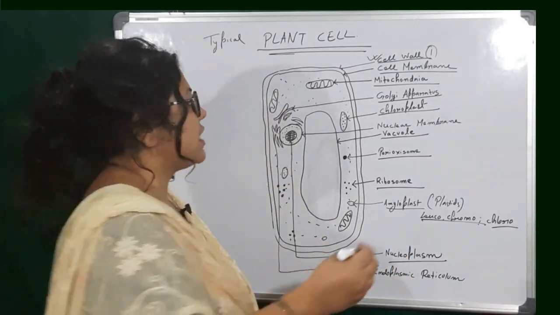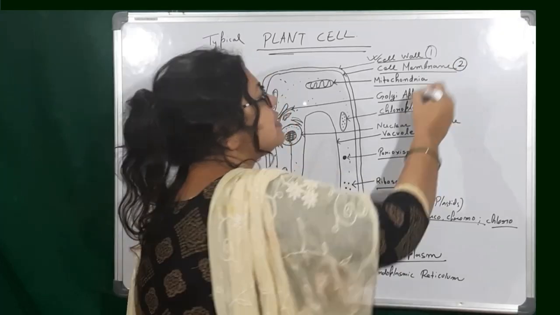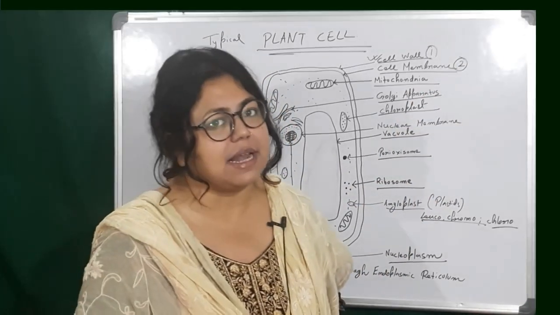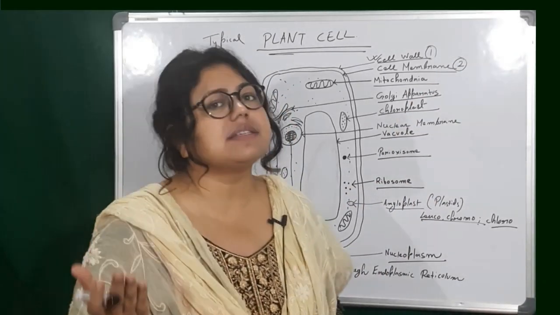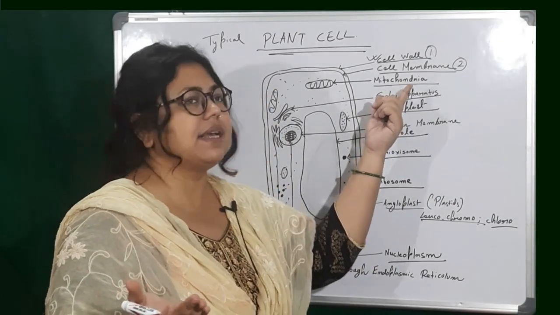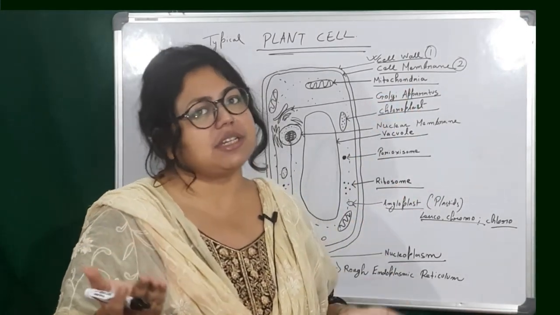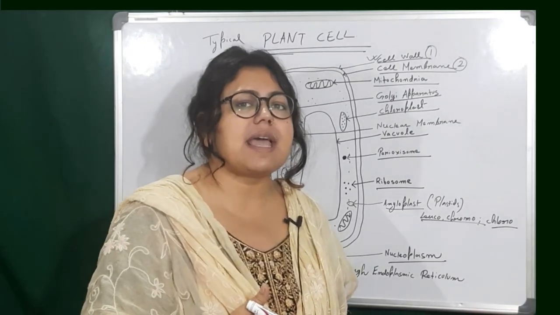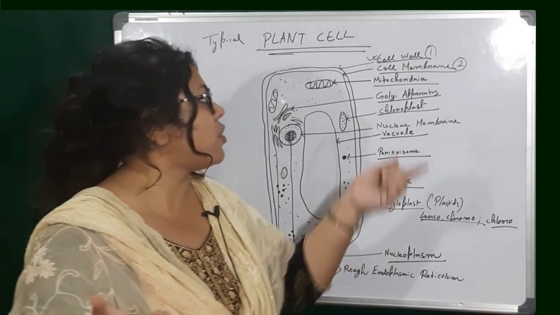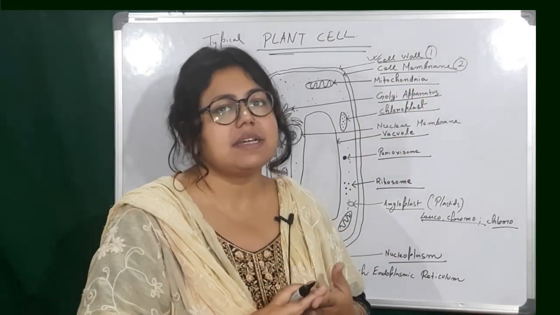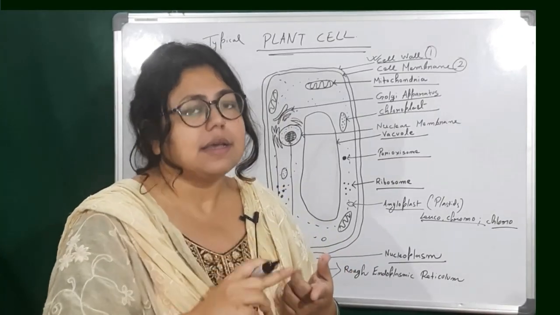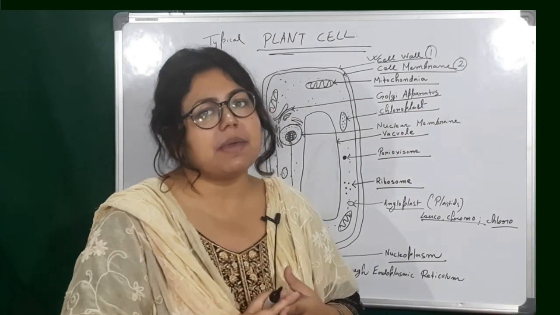Next we come to the cell membrane. This is the same as in the animal cell. In the animal cell also you get a cell membrane, here also you get a cell membrane. The function is the same. So what was this function? To provide the strength, rigidity. Second, it is a selectively permeable membrane.